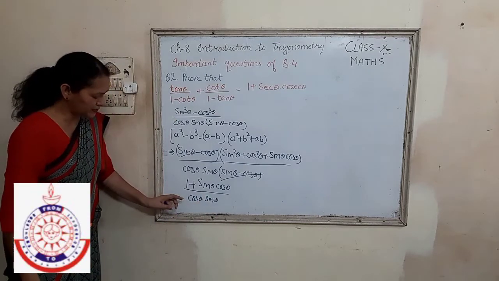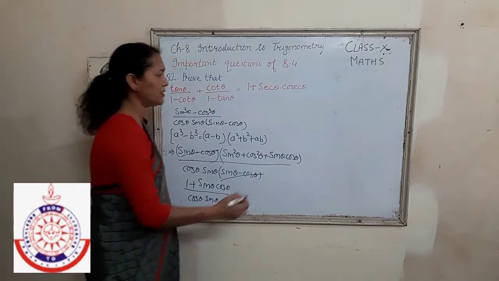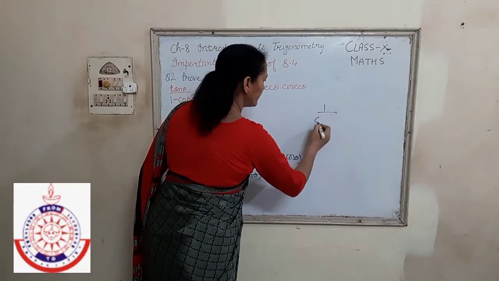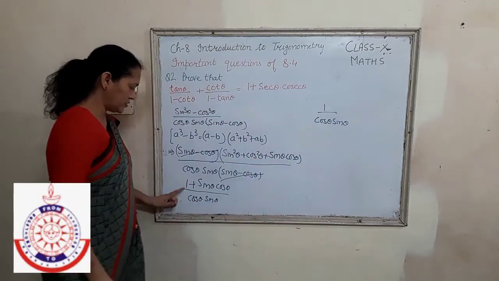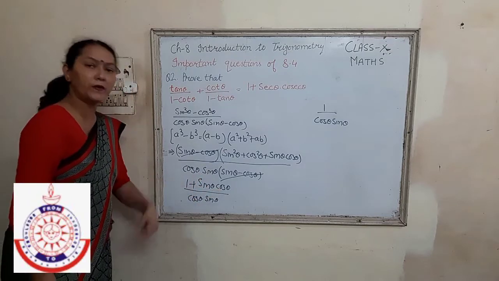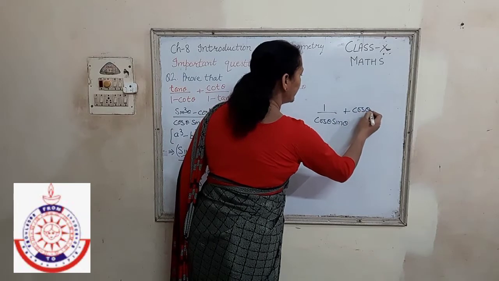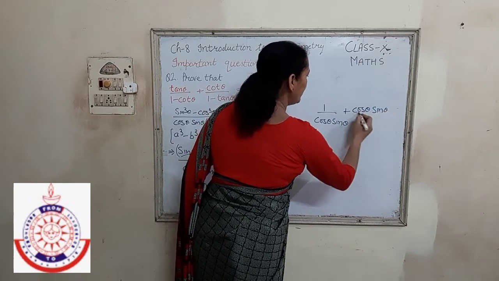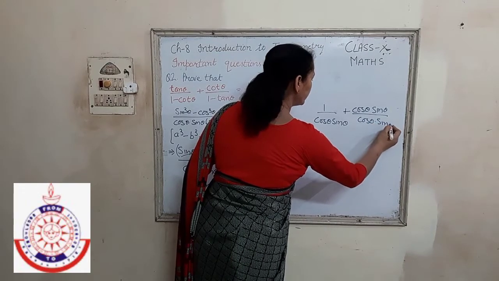Now if we write the terms separately, 1 upon cos theta sin theta plus sin theta cos theta upon the denominator. If we can combine the terms using LCM, the reverse step of LCM, we can write them separately also, no problem.